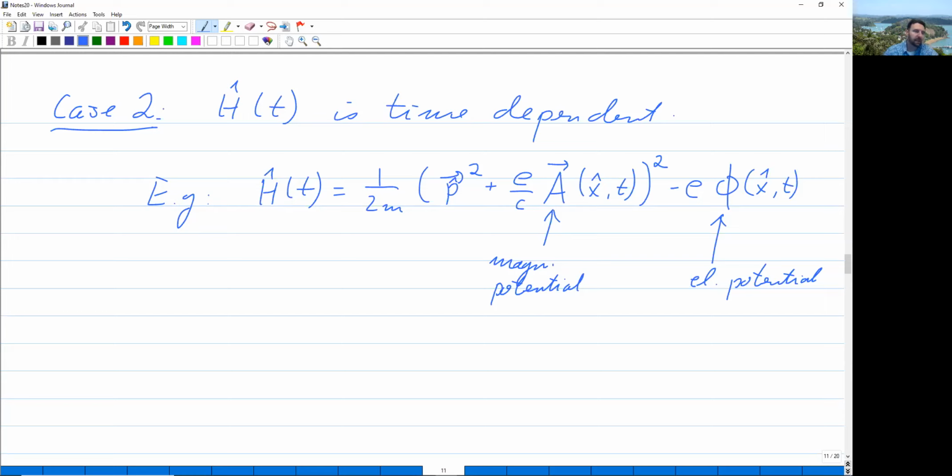For example, we could take an electron which is orbiting a proton. So we would have some Hamiltonian that is just describing the free particle, p squared over 2m, plus the Coulomb potential, plus this stuff. This would be an electron that is exposed to the attractive force from a proton, so it forms a hydrogen atom, but this hydrogen atom might be placed in a magnetic and/or an electric field.